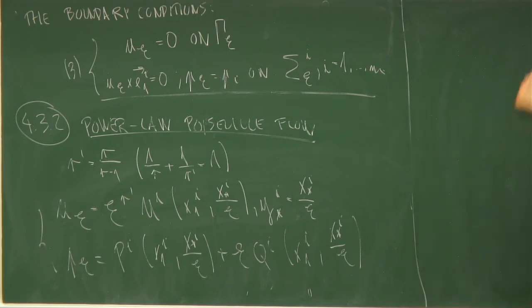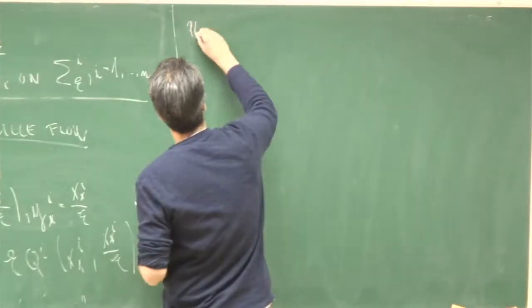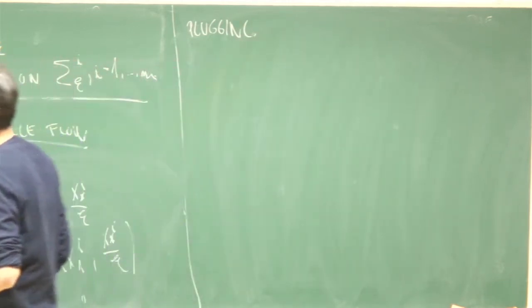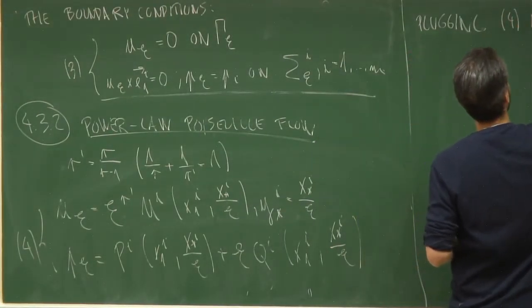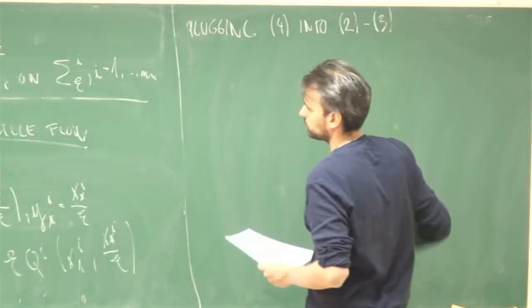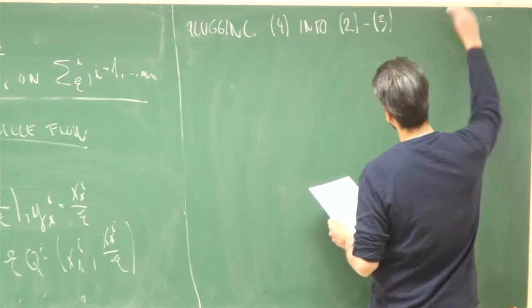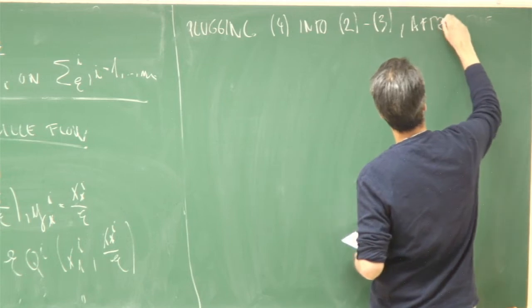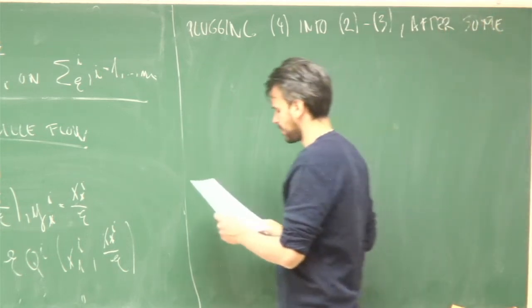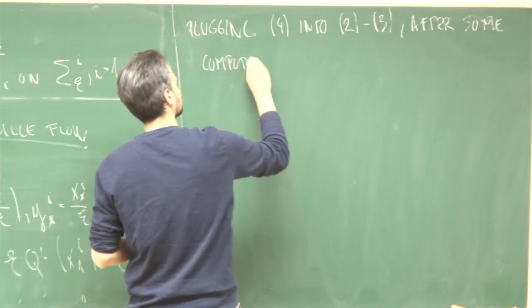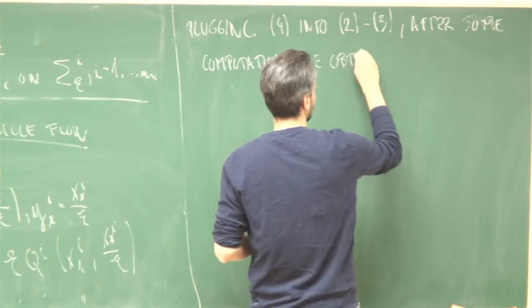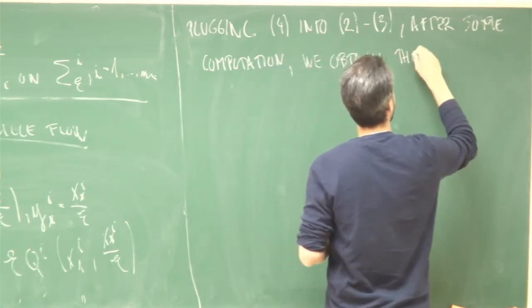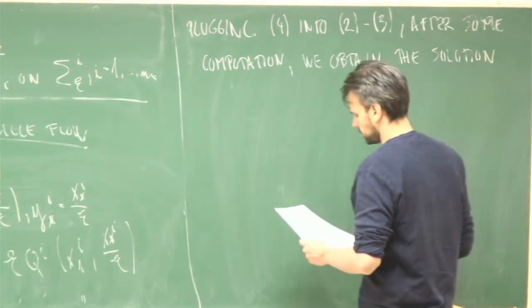So we will repeat this. Of course, you plug into the system and see what happens. So plugging, if we denote this by 4, so plugging 4 into 2, 3, so the system and the boundary conditions, after some computation we obtain the solution in the following form.